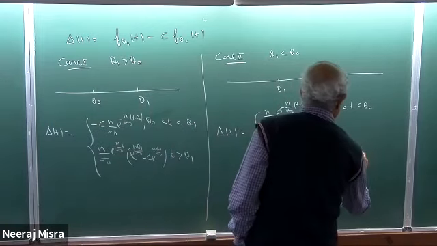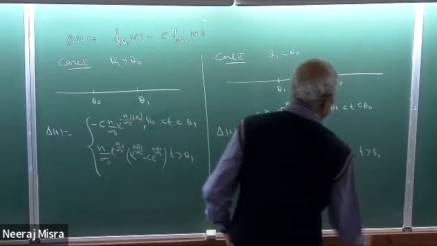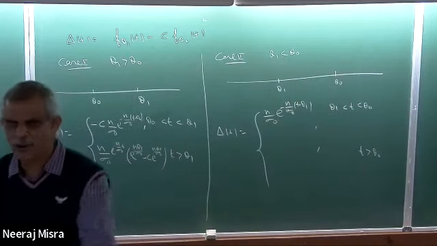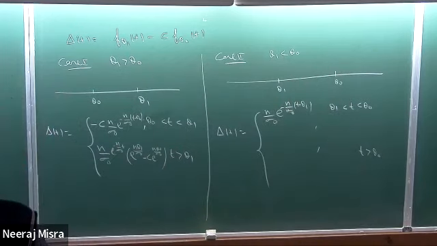Now let's consider the situation where t is bigger than theta naught. Note that I'm not bothering about the boundary points because it is a continuous distribution, so the probability of t equal to theta naught or t equal to theta 1 would be 0. Now when t is greater than theta naught, both are coming.